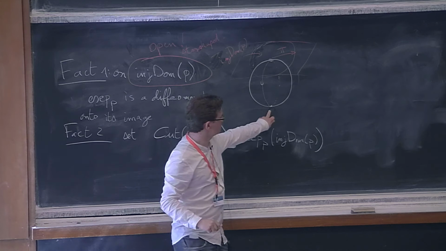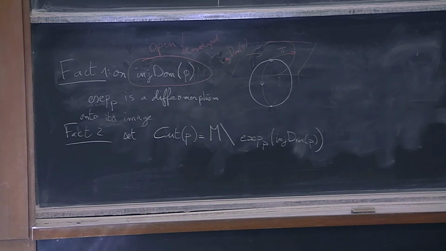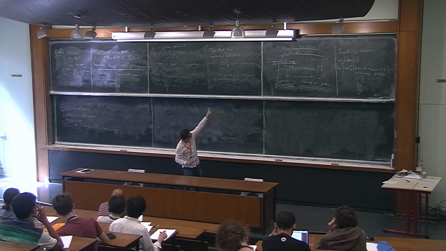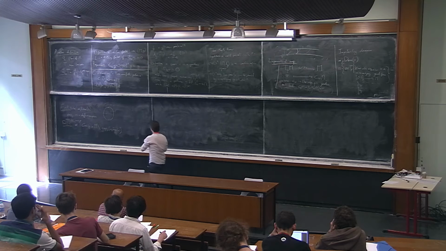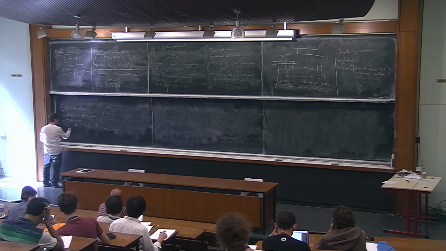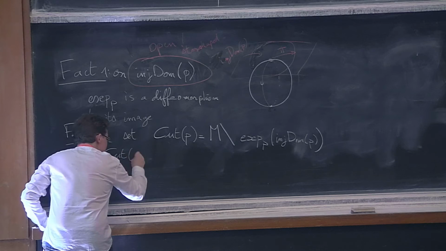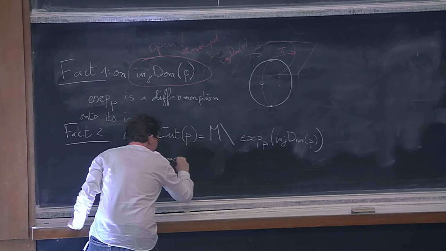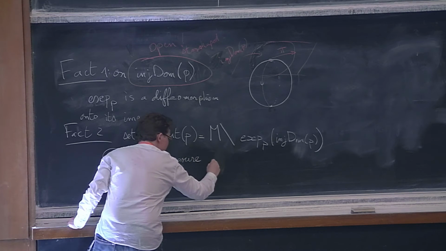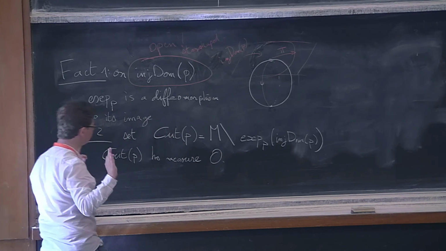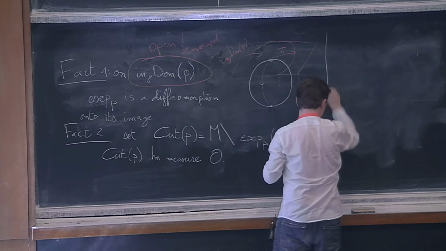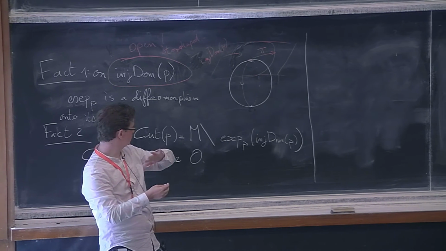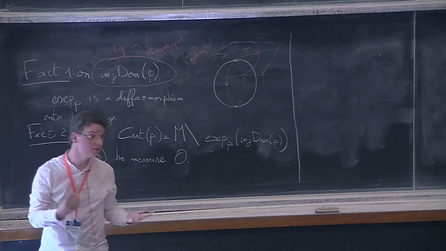So here is the south pole, and there it's the top line. Then this set of cut points has measure 0. I haven't defined yet what is the natural measure on Riemannian manifolds, but being of measure 0 is a property which is invariant under diffeomorphism, so here that makes sense.